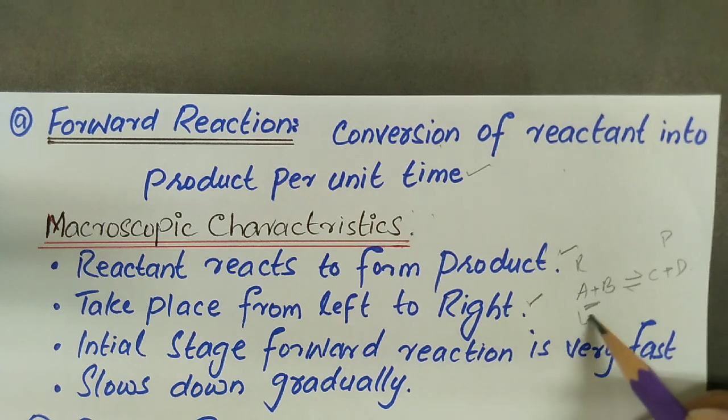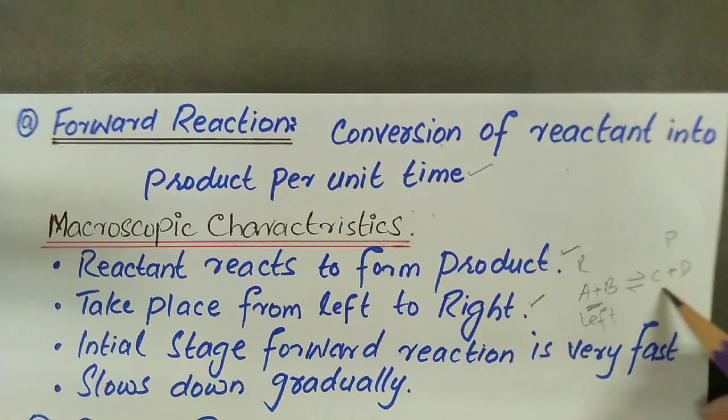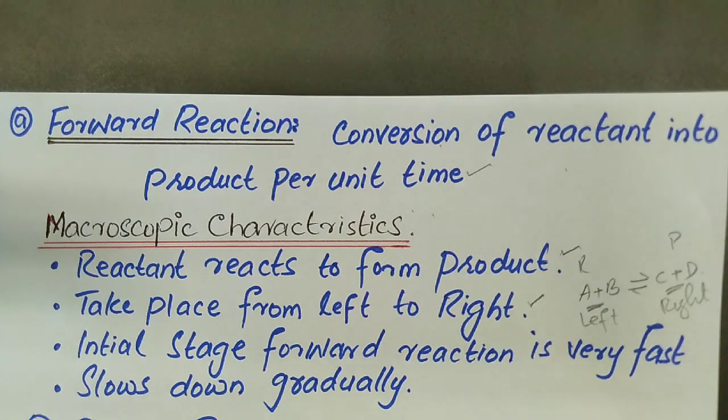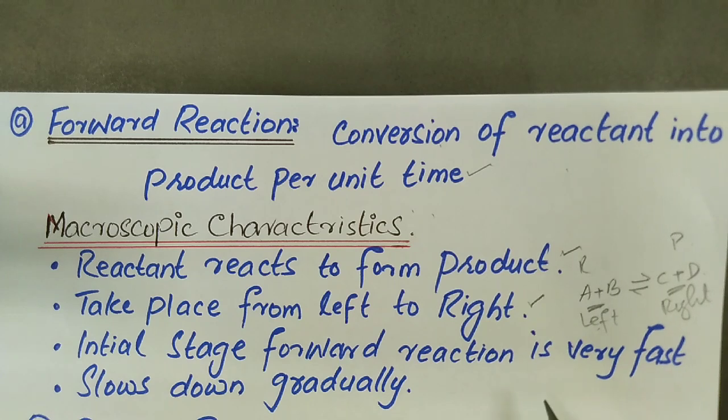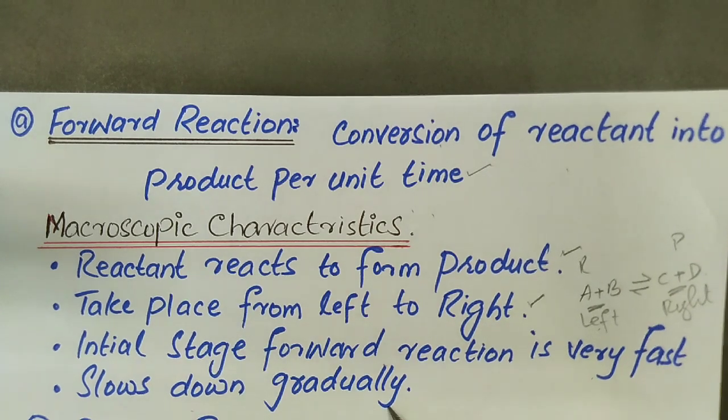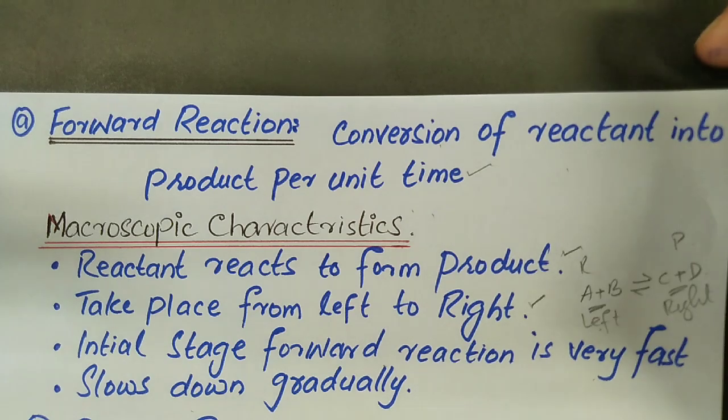A plus B is on the left side and C plus D is on the right side. So, these reactions generally take place from left to right. At initial stages, forward reaction is very fast and later on it slows down gradually.